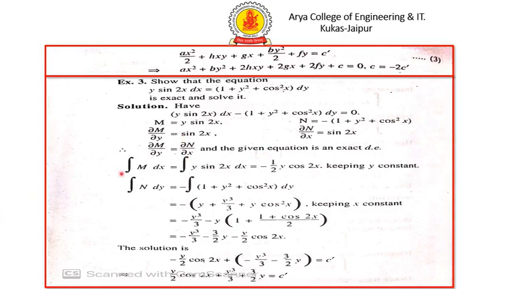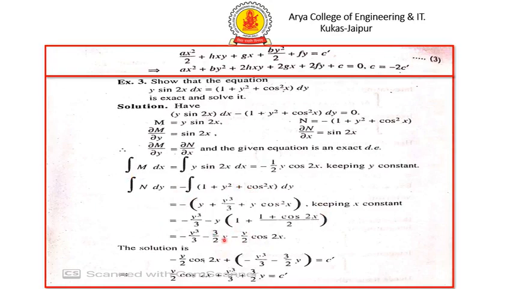First we calculate integral of M dx by keeping y as constant. We get the value of integral M dx. Then we calculate integral of N dy by keeping x as constant.